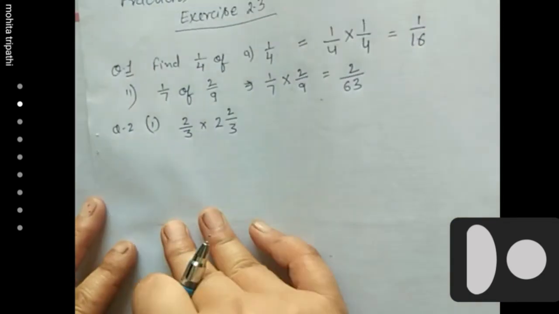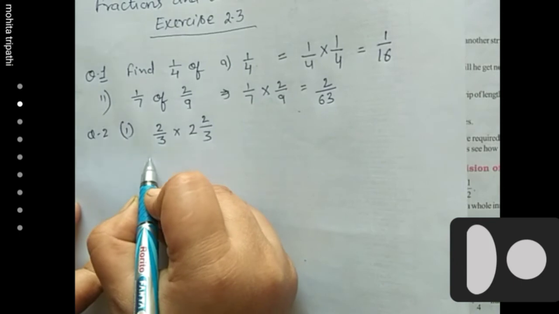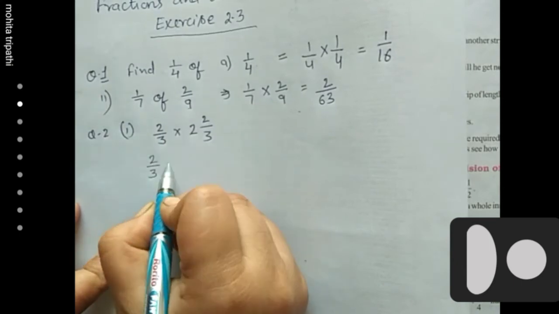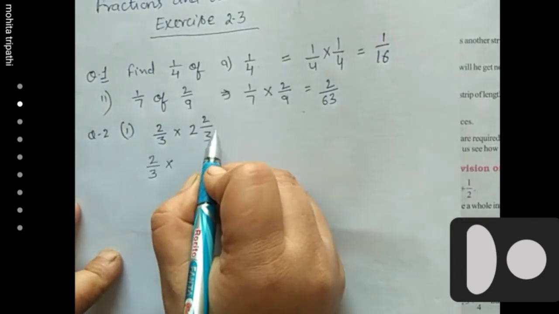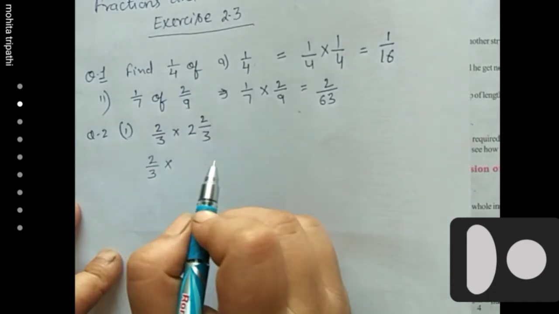See the first part of question number second. What is the first part? 2 upon 3 multiplied by 2 whole 2 upon 3. Just see how we are going to solve it. This 2 whole 2 upon 3, this mixed fraction, you need to convert it.